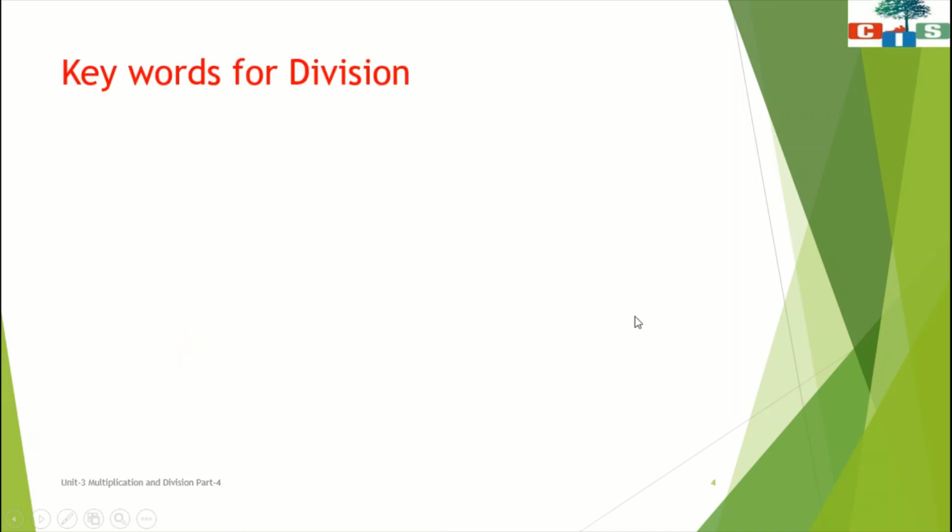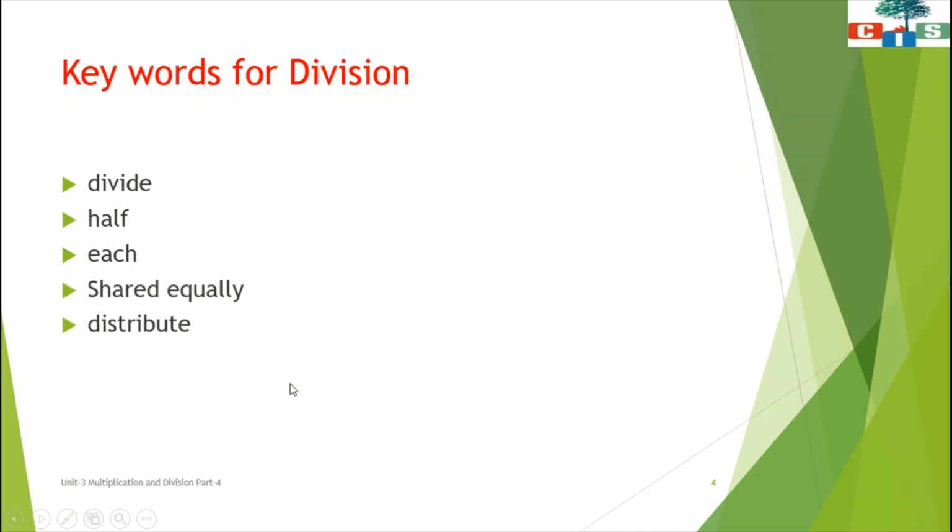Next we will see keywords used for division. As we have discussed in our last videos also, keywords are very important for solving story sums. So here are a few keywords for division. Divide, half, each, this is a very important keyword, shared equally, distribute, quotient, per or a.